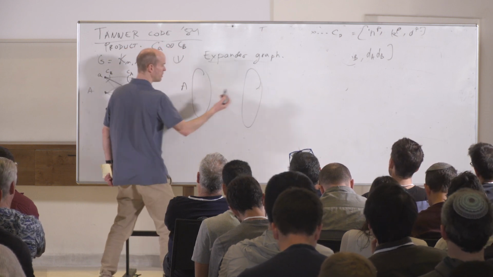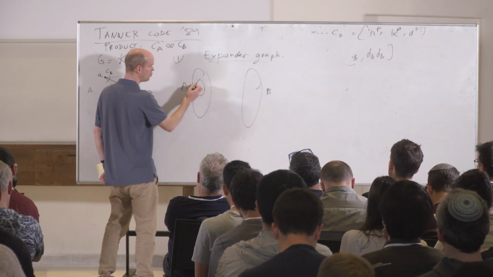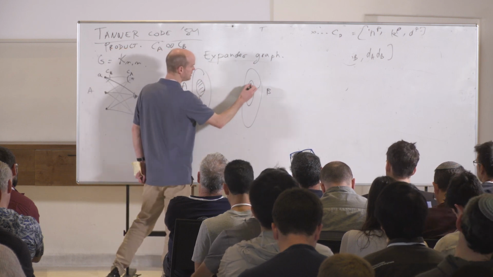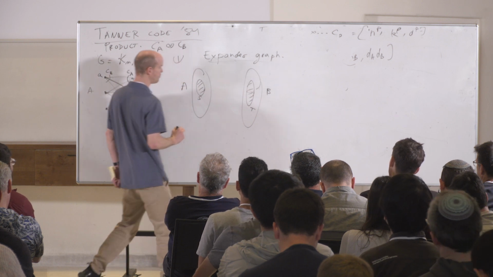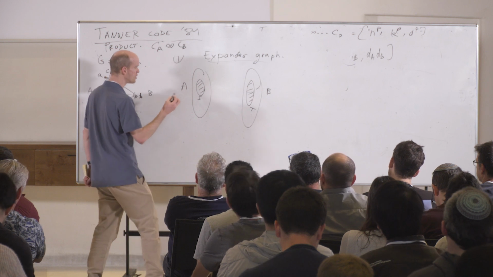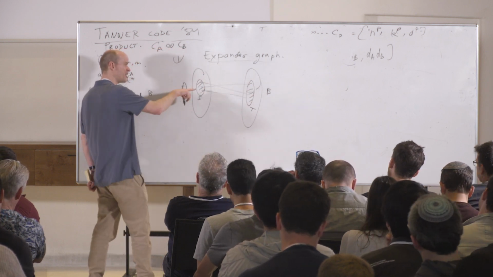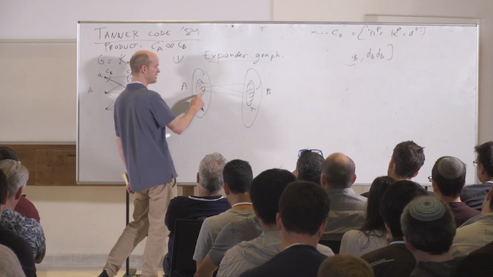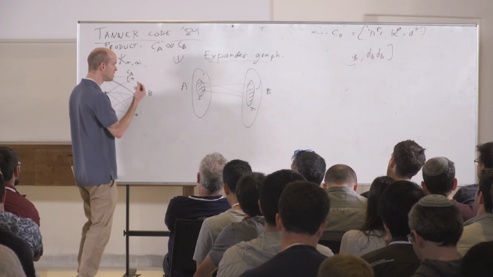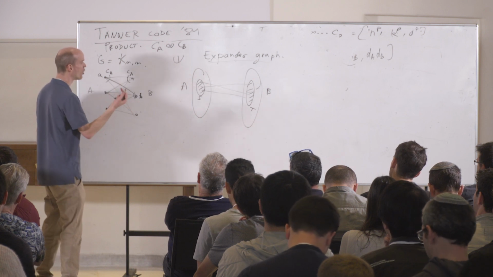Again, I have this bipartite graph A, B. The property that I want is that if I take any two subsets, S of A and T of B, and I count the edges that go from an element of S to an element of T, I want this set to behave in a random way.